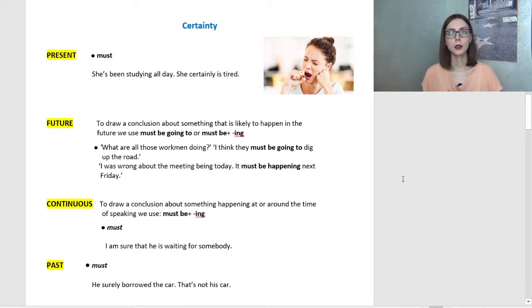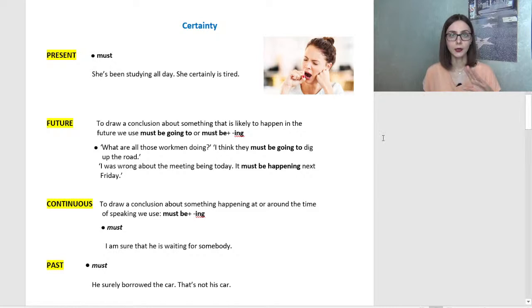We can use must instead of could, may, and might, but I should say that even if you use must, it's still like you have some doubts. You're a little bit more sure, a little bit more certain, but still there is doubt, just for your information.